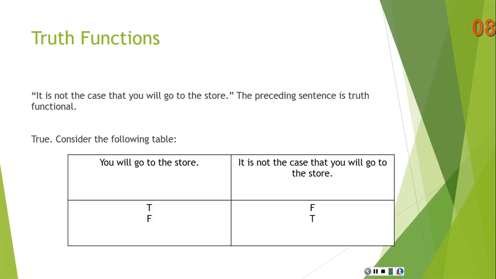When you will go to the store is false, the statement, it is not the case that you will go to the store, is true. So, the truth value of the entire statement, it is not the case that you will go to the store, is determined by the nature of the phrase, it is not the case that, plus the truth value of the claim, you will go to the store. So, the phrase, it is not the case that, is truth functional.